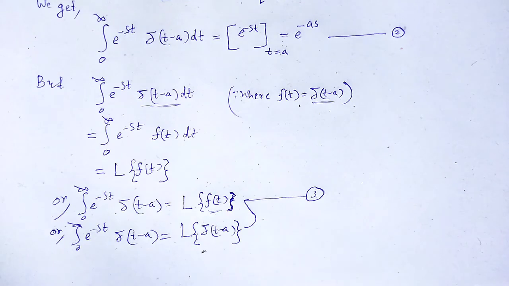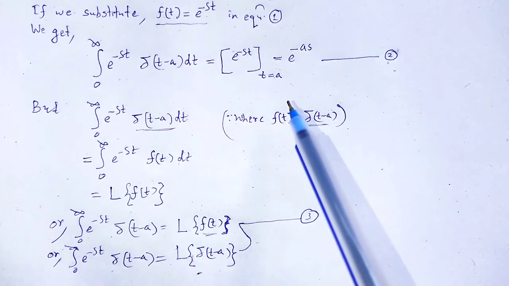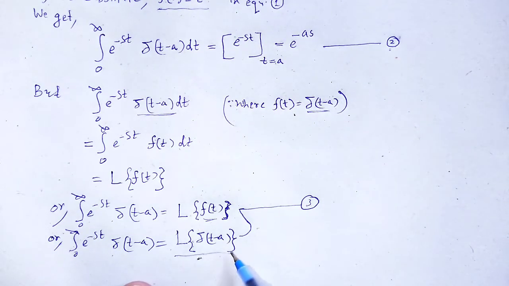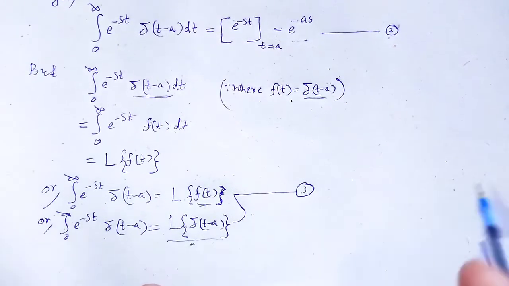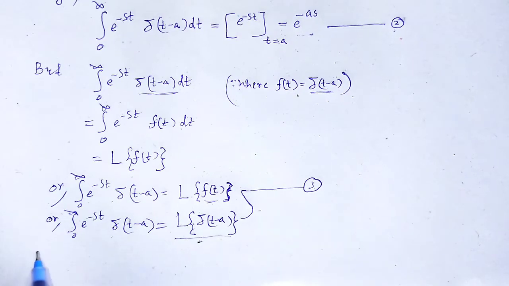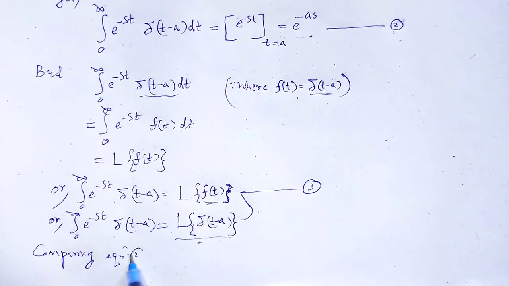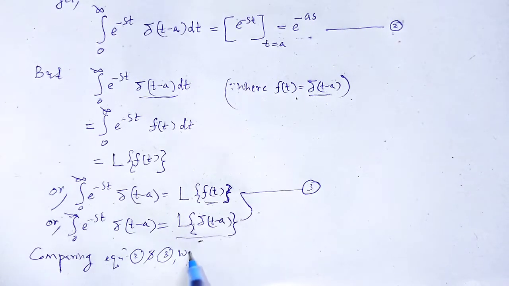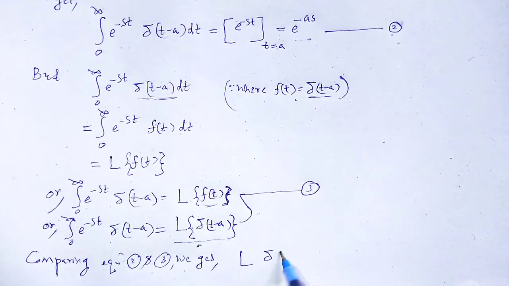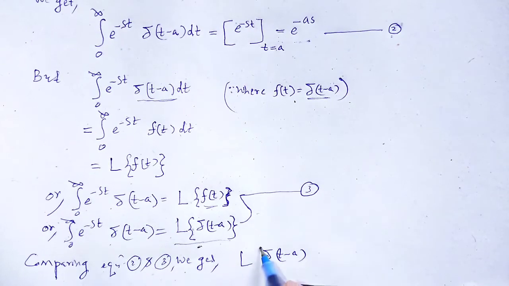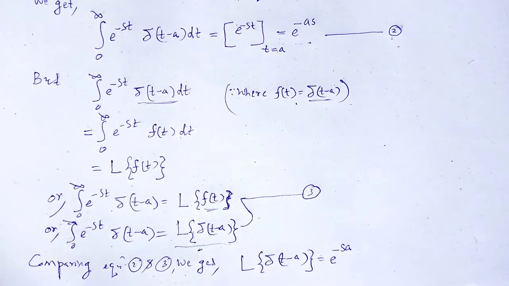So, comparing equation number 2 and 3, the value of Laplace transform of delta of t minus a is equal to e to the power minus as. Comparing equation 2 and 3, we get Laplace transform of Dirac delta function delta of t minus a results as e to the power minus sa.